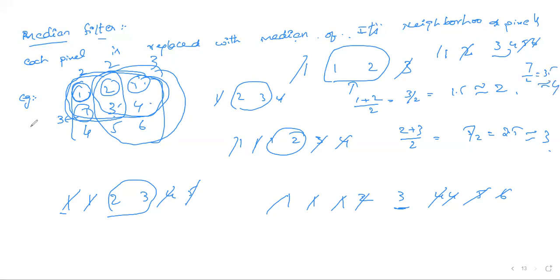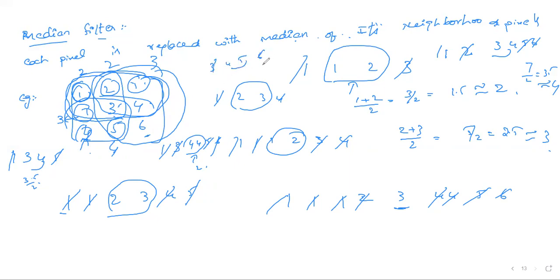Next for this one, 1, 3, 4, 5. 3 plus 4 by 2 is 3.5, so 4 only. Next for this one, 1, 3, 4, 4, 5, 6. 4 plus 4 divided by 2 is 4. This one is replaced with 4. Next this one, 3, 4, 5, 6. 4 plus 5, 9 by 2, 4.5, so nearly equal to 5. So this one is replaced with 5.